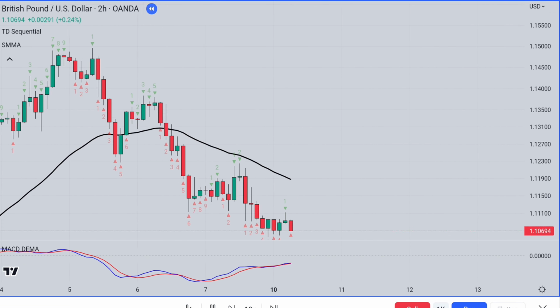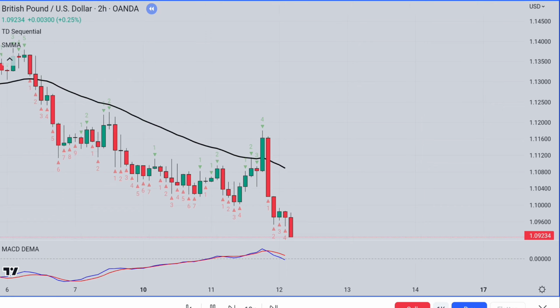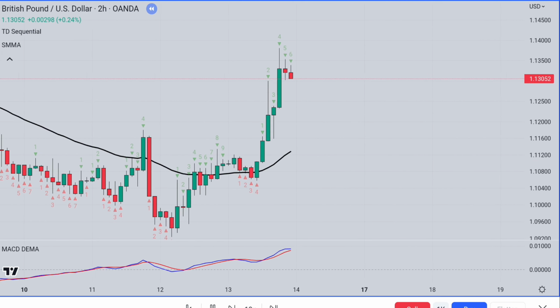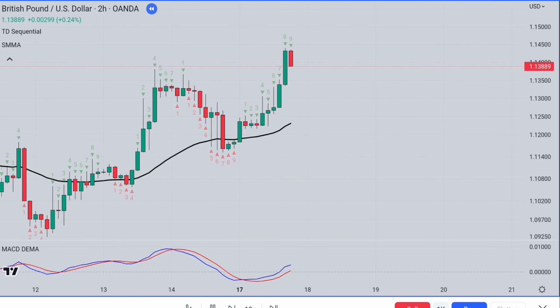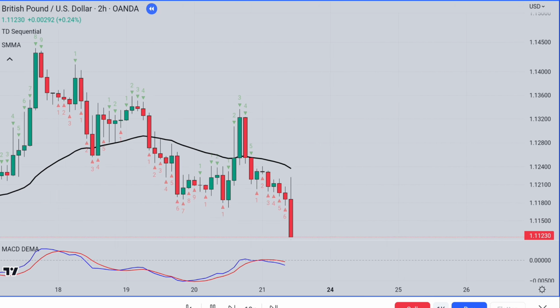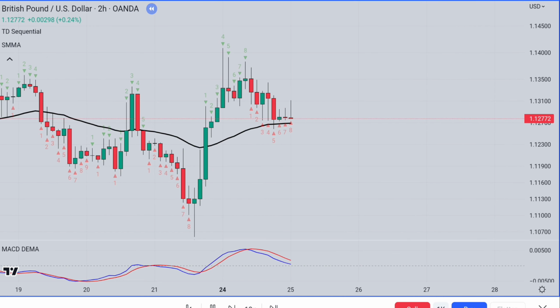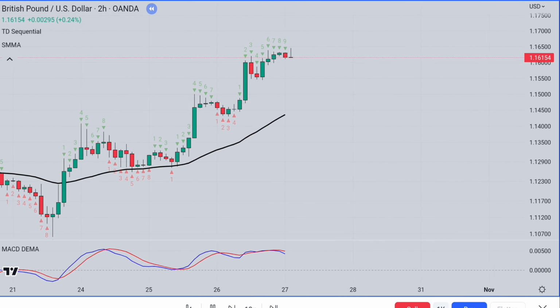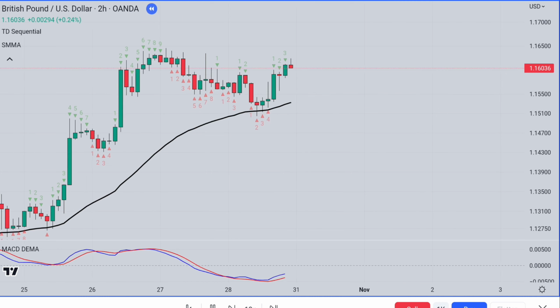By combining these three indicators, we can create a powerful trading strategy that has helped me achieve consistent profits in my own trades. So, let's get started and learn how to use the TD sequential, Dema, and SMMA indicators to maximize our profits in the market.